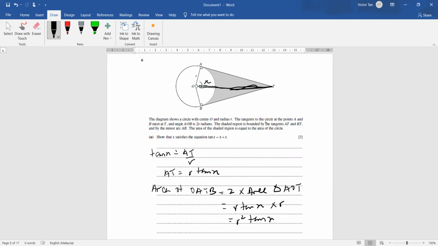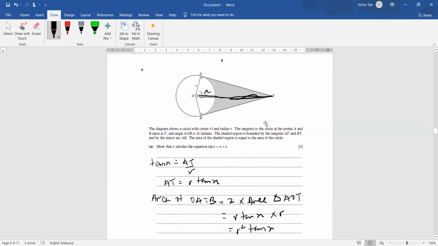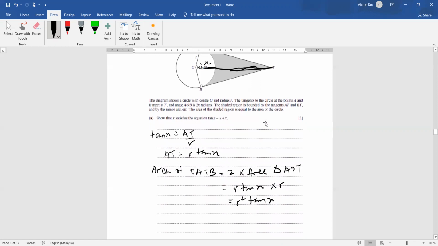And they say this is equal to... no, not finished yet. So the shaded region will be OATB minus sector OAB.